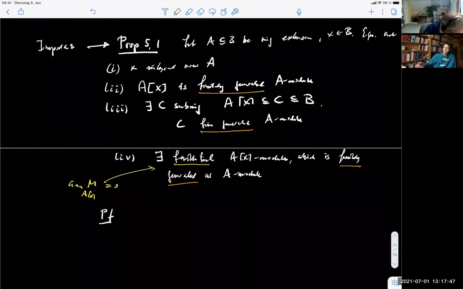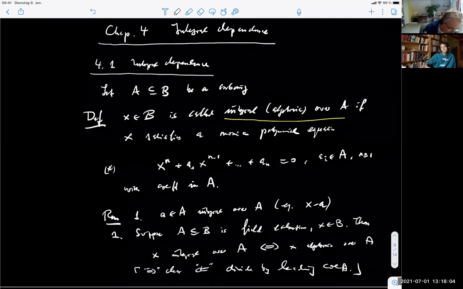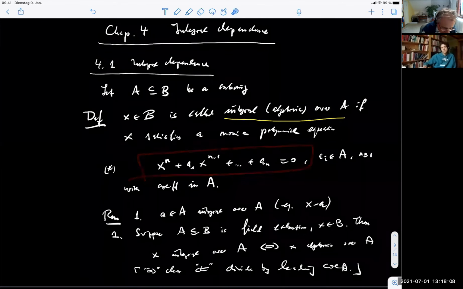It's not hard. So let's go from 1 to 2. So we go in a circle. So x is integral over A. So we have some relation, which I denoted star, star. Here it is, this one. We use that.